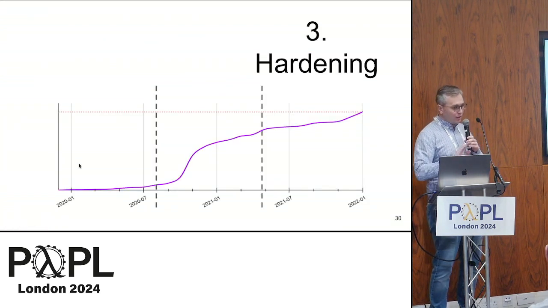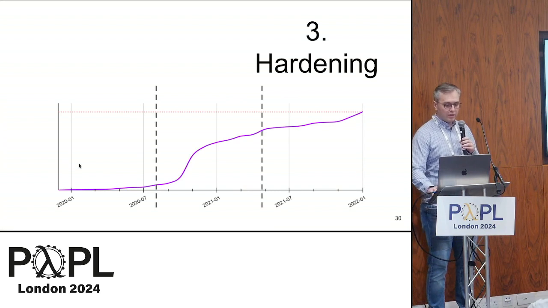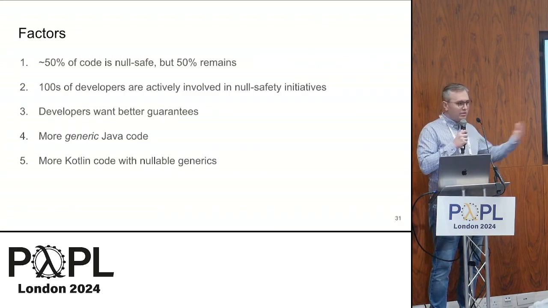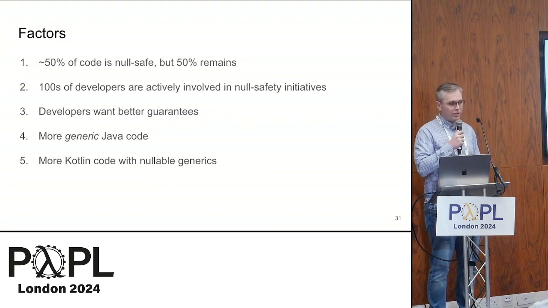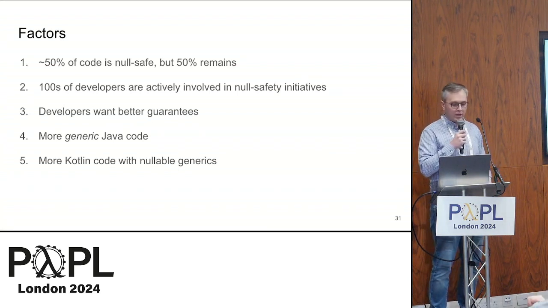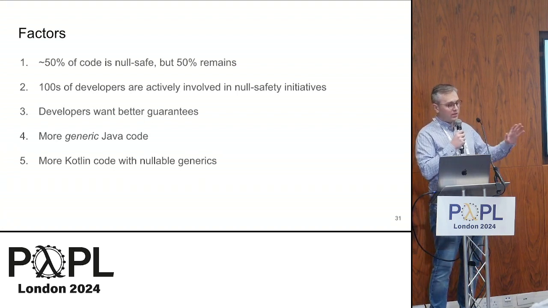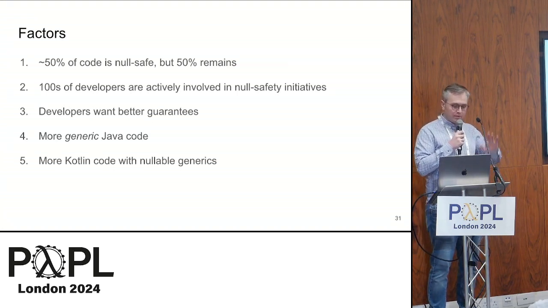So now I would like to switch to the hardening phase, which is basically where we started working with hundreds of developers, very closely with library authors and framework authors, so that they can improve the UX and safety of their frameworks. So at that point, about half of the code base was in this null-safe state, half was still in flux.